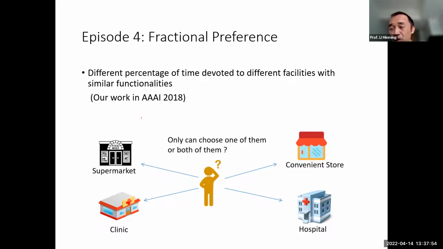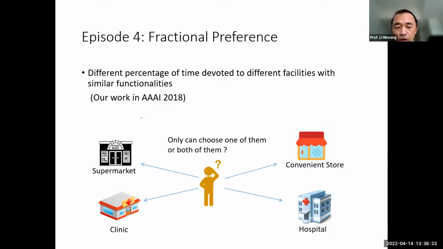You just go to a convenience store and grab something. But on weekends, you probably have more time. You can do a lot of shopping, and then you will go to the supermarket. So there will be a percentage of time you allocate to each facility. That's the so-called fractional preference. You like both, but you will allocate, say, 70% of time to the convenience store and 30% of time to the supermarket. And therefore, your cost is a weighted sum of the distance to these 2 facilities.